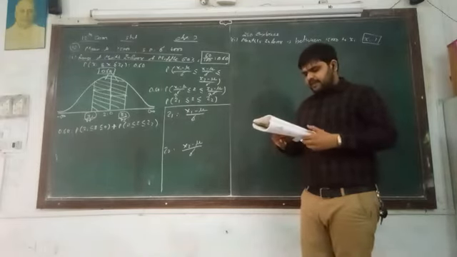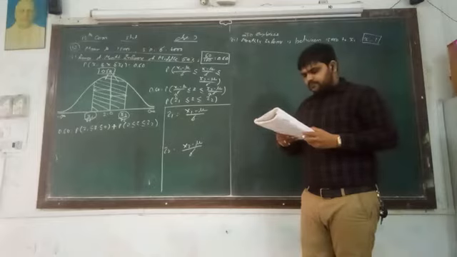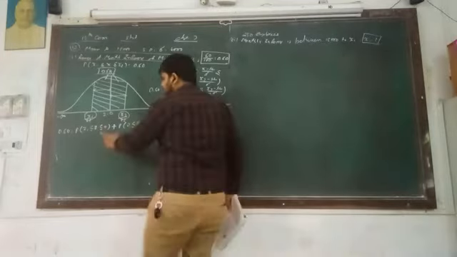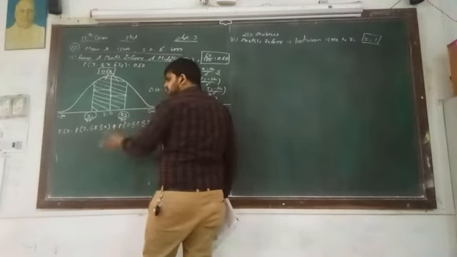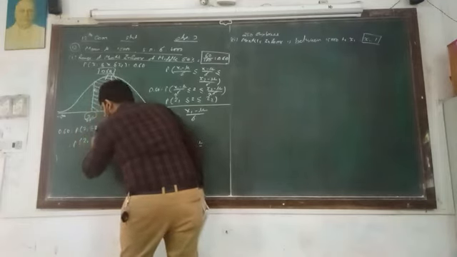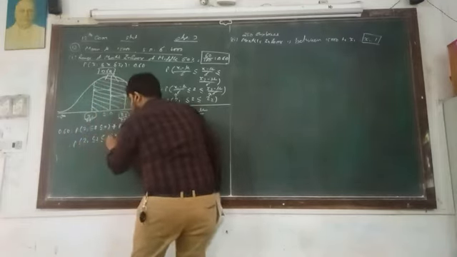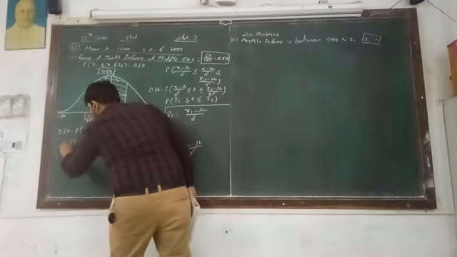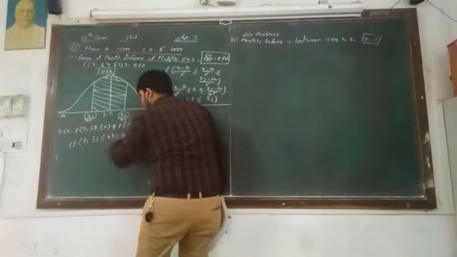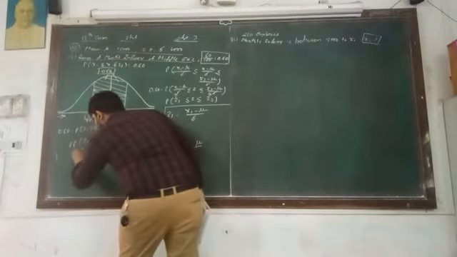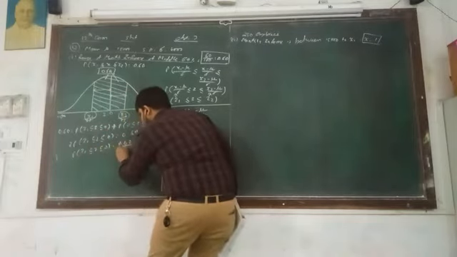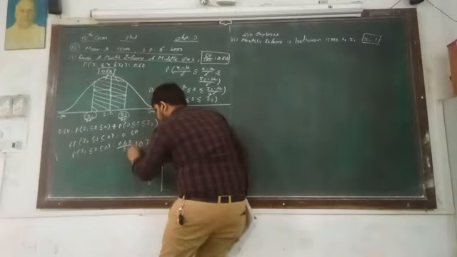Here we have to divide it by 2, because this value and this value both become the same. So p of z1 to 0, times 2, is equal to 0.60. So p of 0 to z is equal to 0.60 divided by 2, so 0.30.